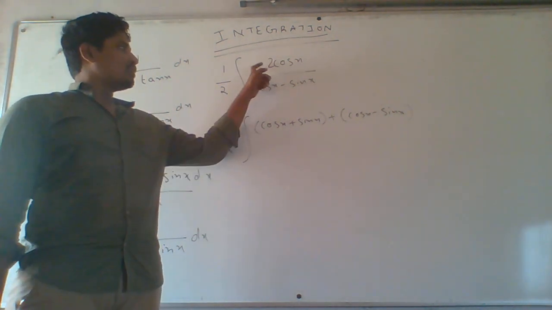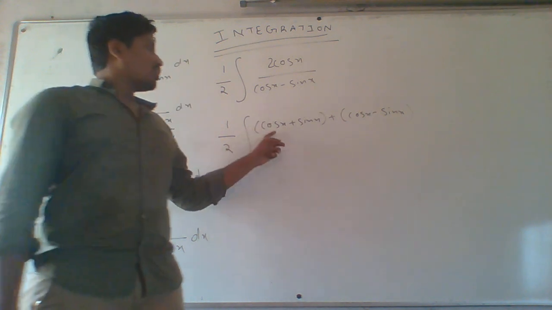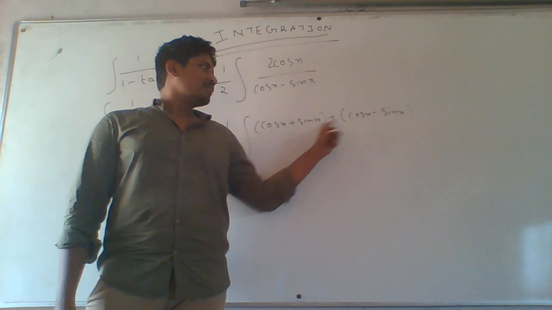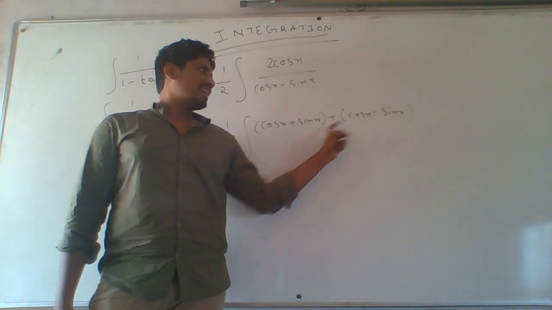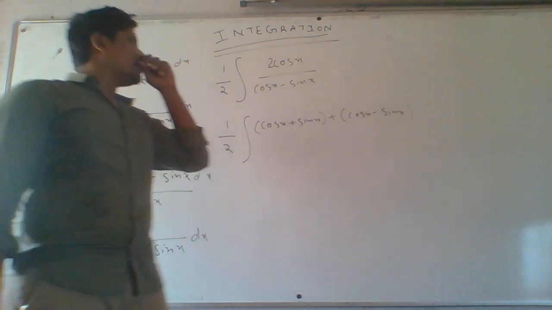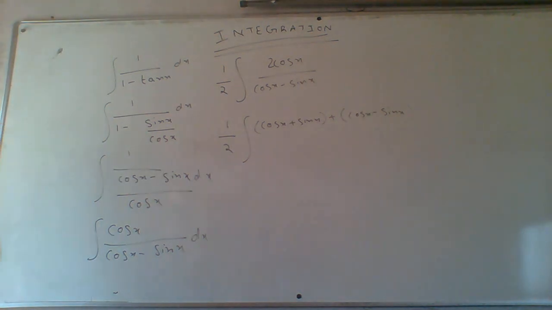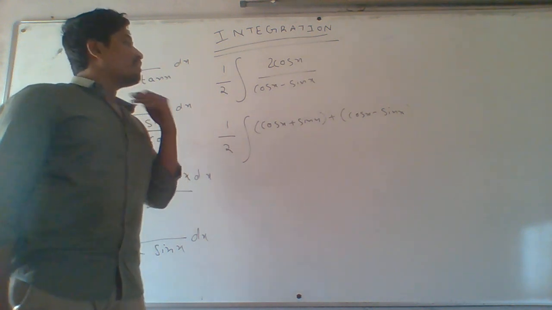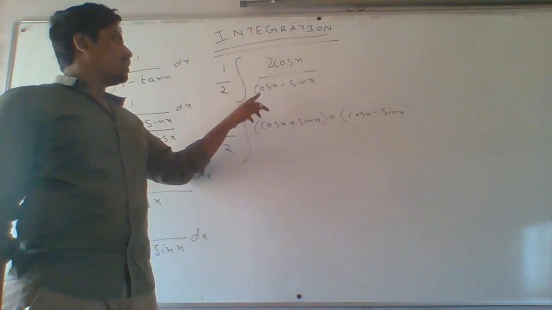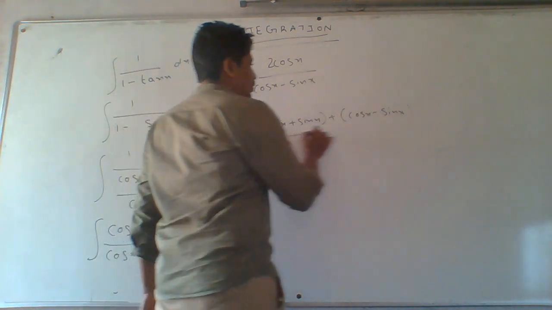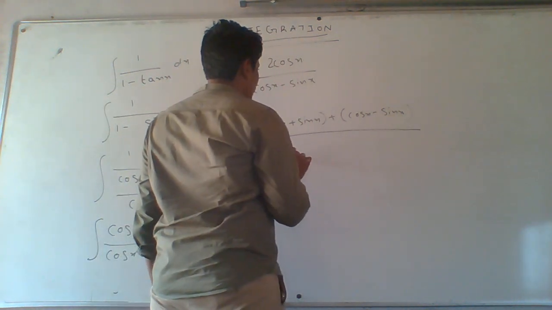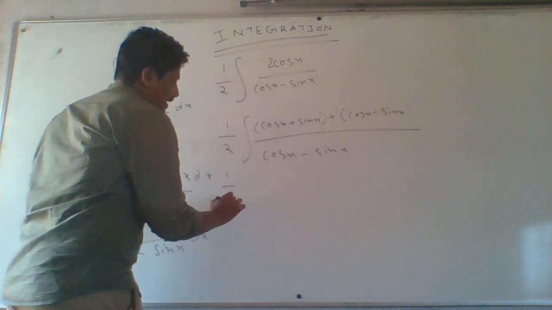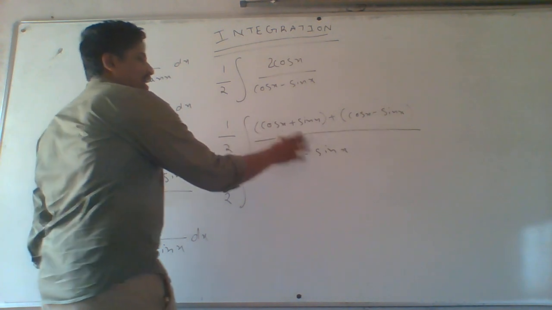Cos plus cos, 2 cos x, plus sin x minus sin x, they both will get cancelled. It is equal to 2 cos x. Nothing wrong algebraically. Why we are doing like this is, we want denominator in numerator. For that we are doing like this: cos x minus sin x. 1 by 2 into, this will come under this and this.